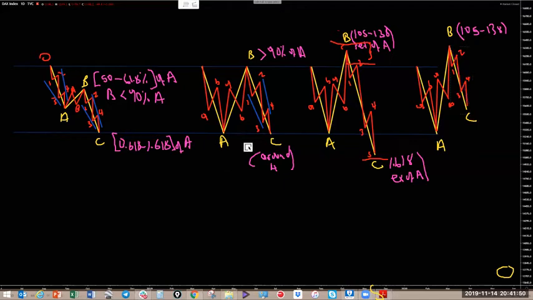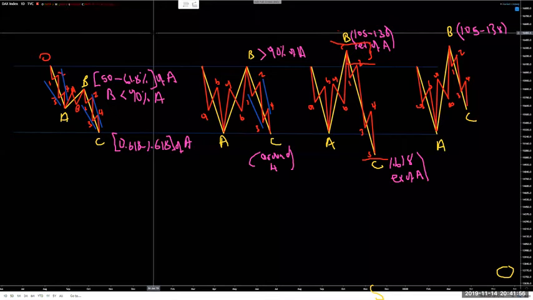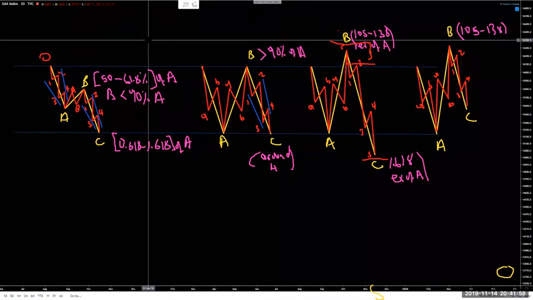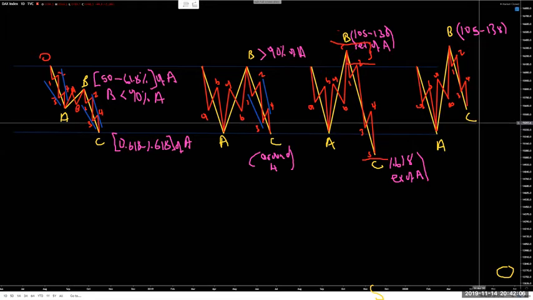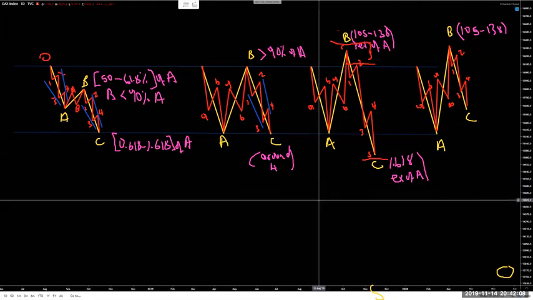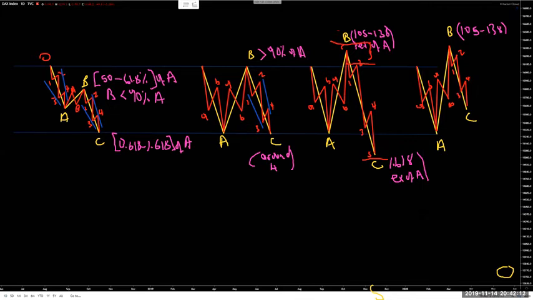So it's 4 types of corrections that we've covered, and we have 5 of them in total. Now, what is missing here is the last one, which is going to be a triangle. Let's go to the triangle slide. Dowd is asking, when will you determine a flat will become a running flat?